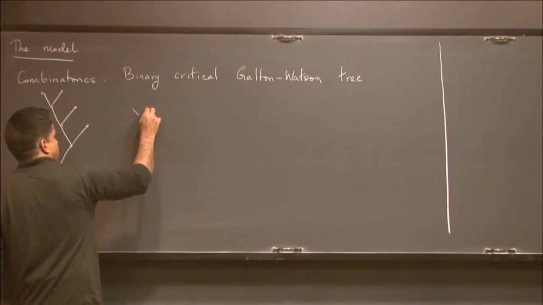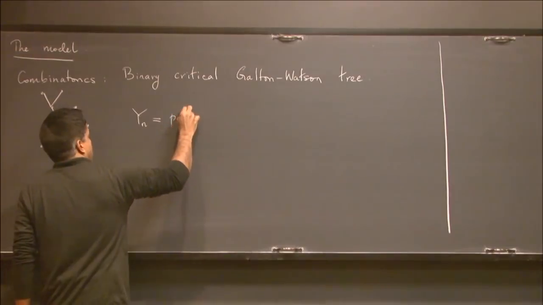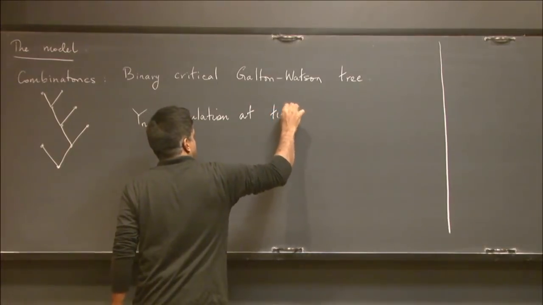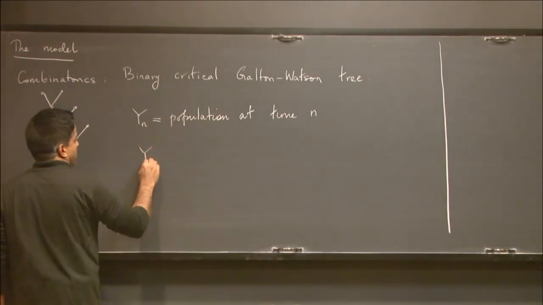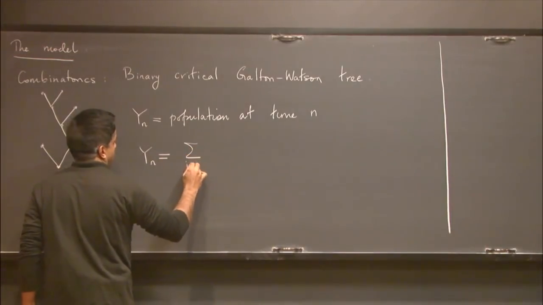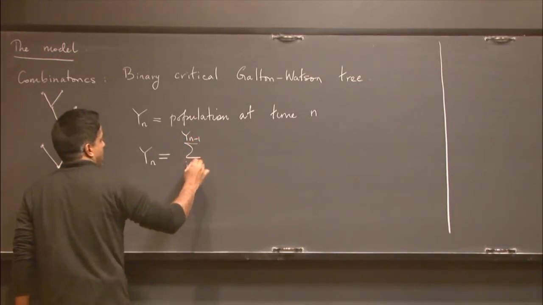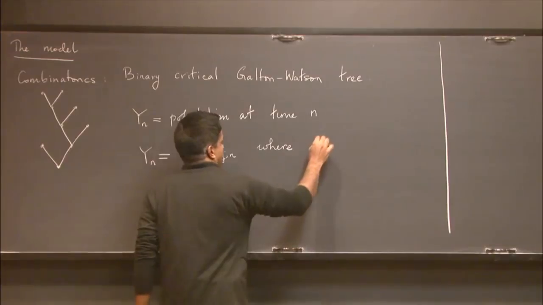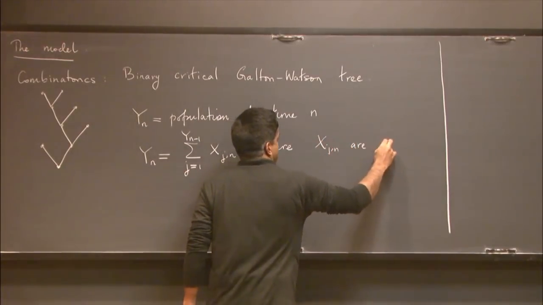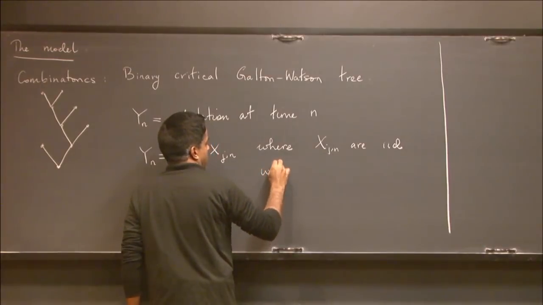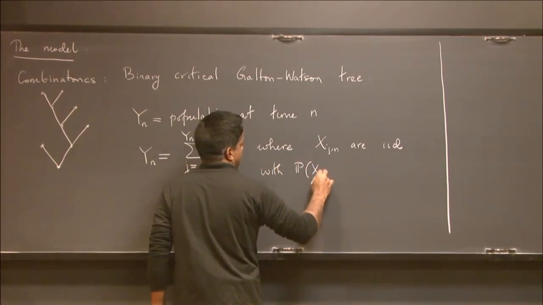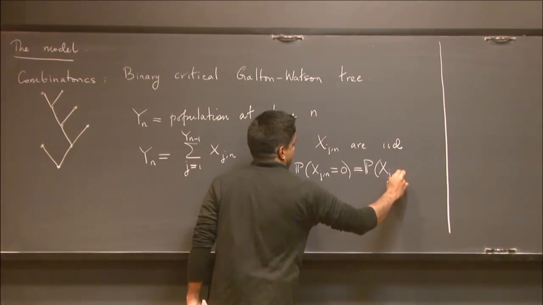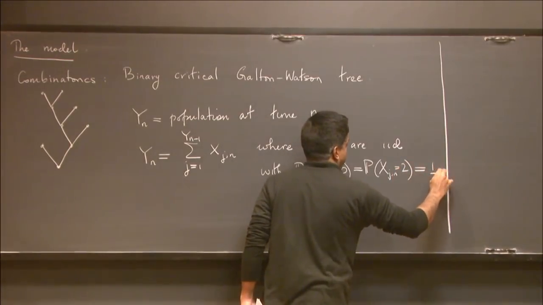So the way the tree is constructed is that the population, so time is integer, and Y_n, the rule where, first of all, X_jn are IID with probability X_jn equal to 0 is the probability that X_jn is equal to 2, which is equal to 1/2.